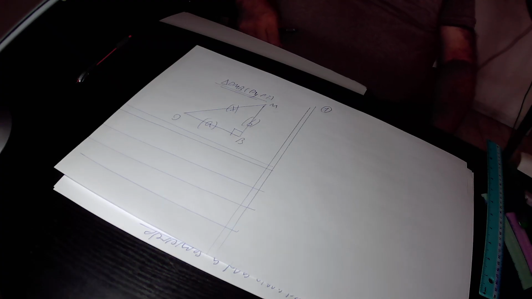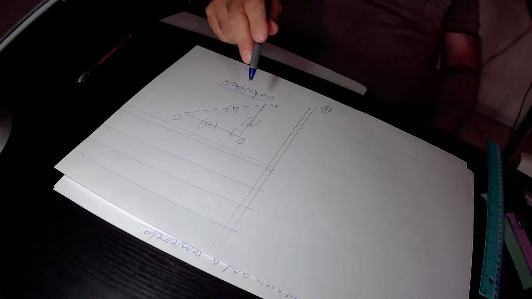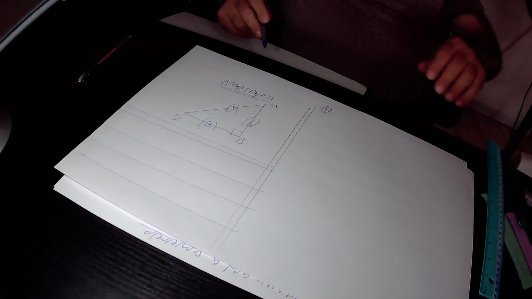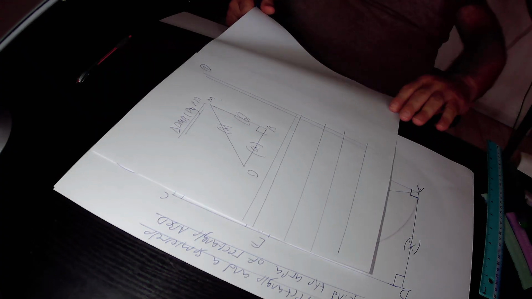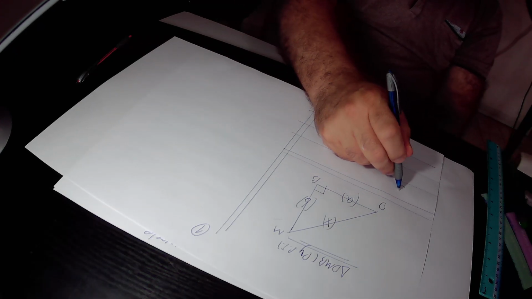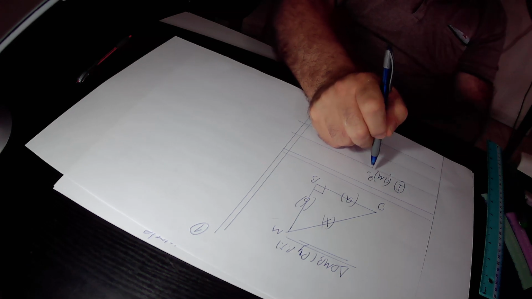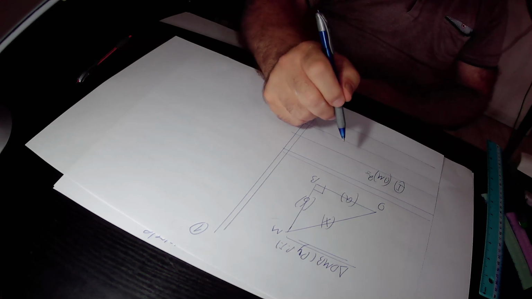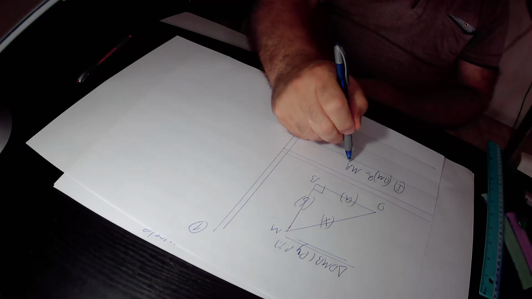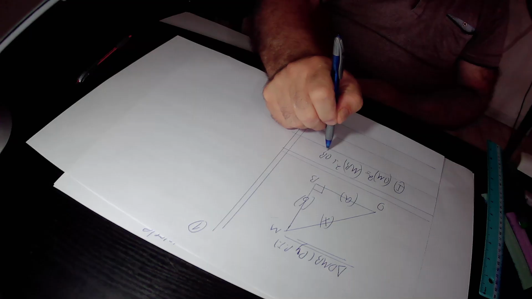According to the Pythagorean theorem, in this right triangle OMB, OM squared, that is the square of the hypotenuse, equals MB squared plus BO squared. So write it down. OM squared, that is the square of the hypotenuse, is equal to MB squared plus OB squared.